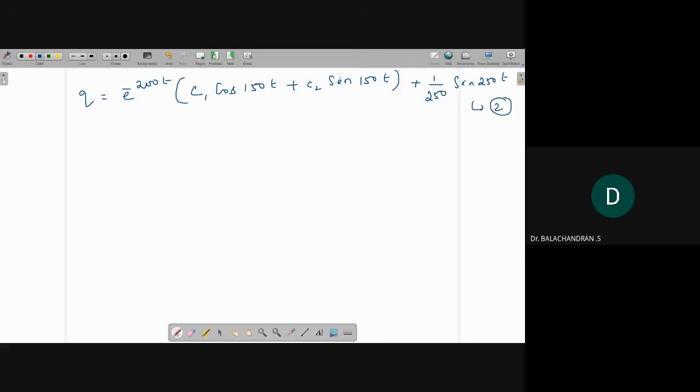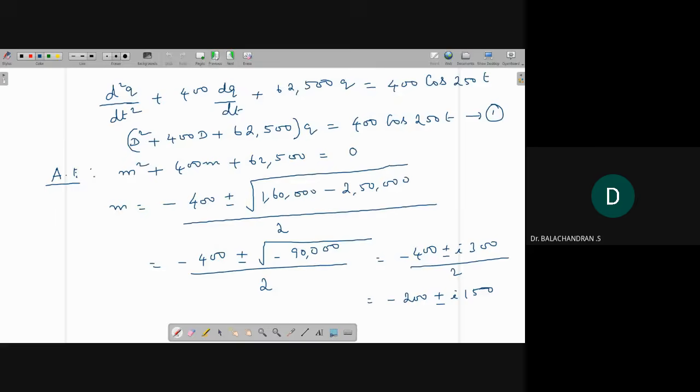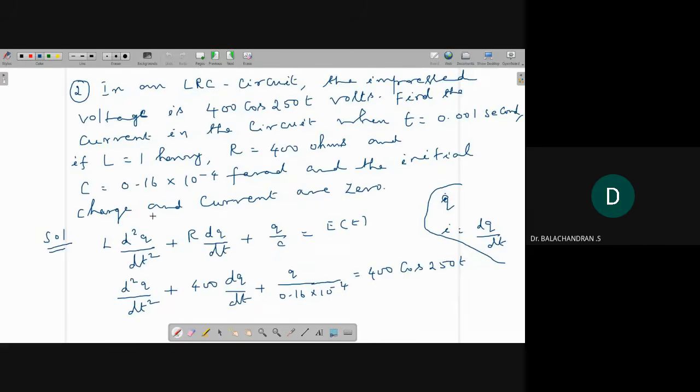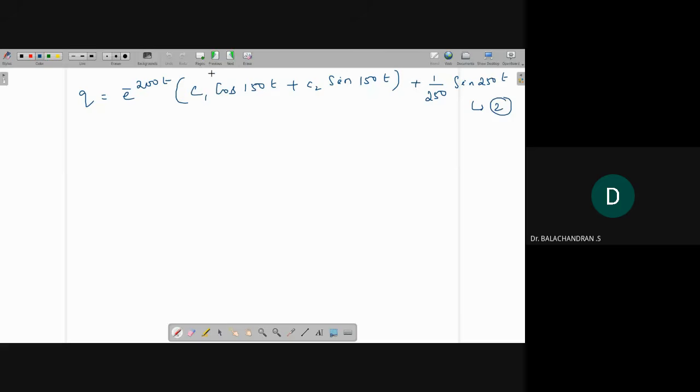And what is given in the question? Initial condition: initial charge is 0 and initial current is 0. So initial charge is 0 means, when t equal to 0, q equal to 0.